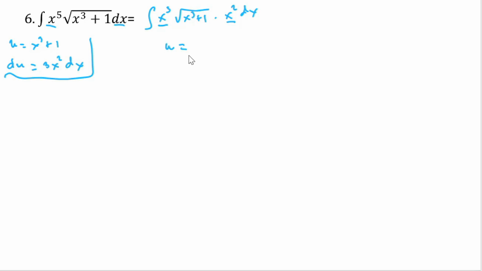So my u in this case is x cubed, and dv is the remaining terms: the square root of x cubed plus 1 times x squared dx. And then our du, the derivative of x cubed, is just equal to 3x squared dx.